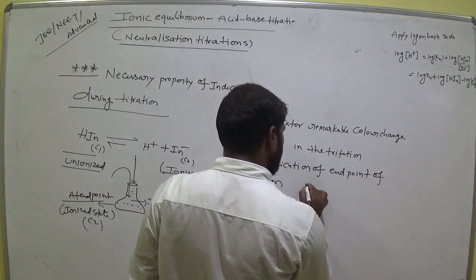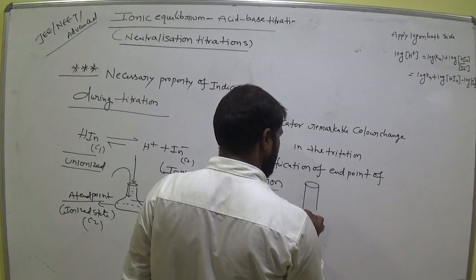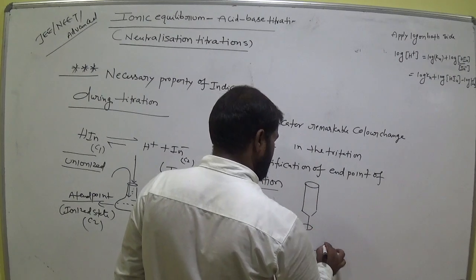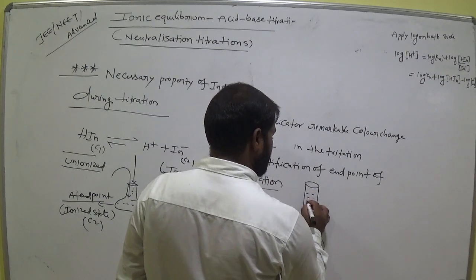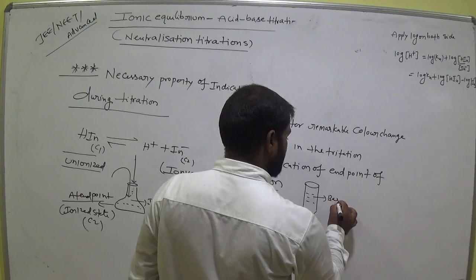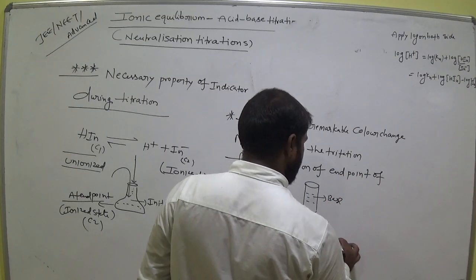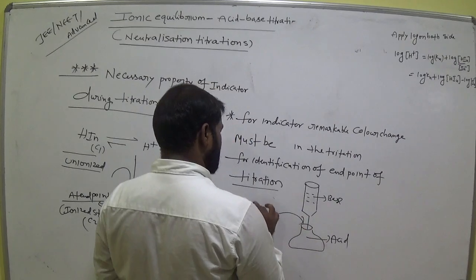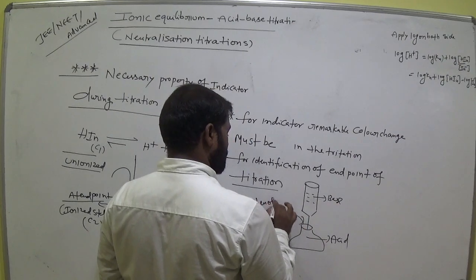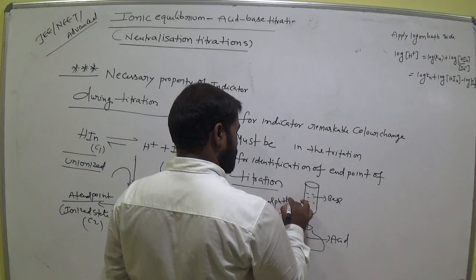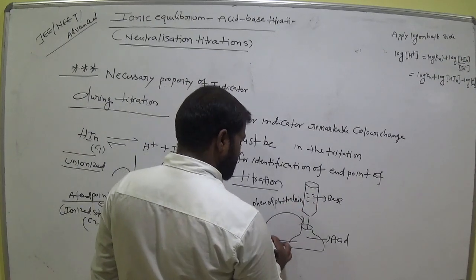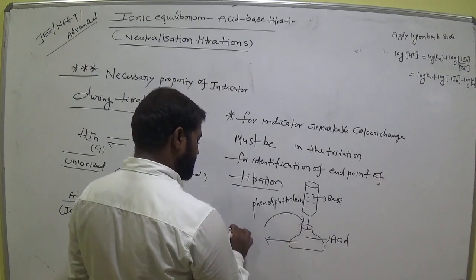Simple. Now we have the burette. In this burette we have base. Here we have acid. In this titration, suppose we add phenolphthalein indicator, one or two drops. Now this color before titration is colorless.